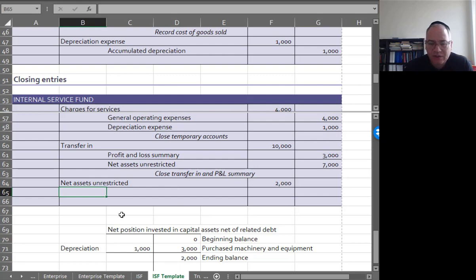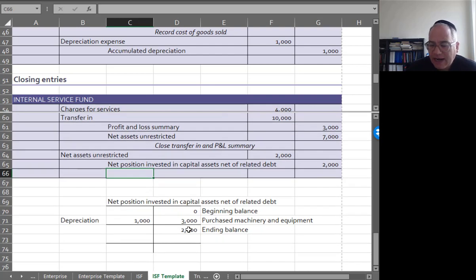I think you could call it net position unrestricted also. I think that might be the more politically correct term. Of $2,000. And that's how I got this right here.